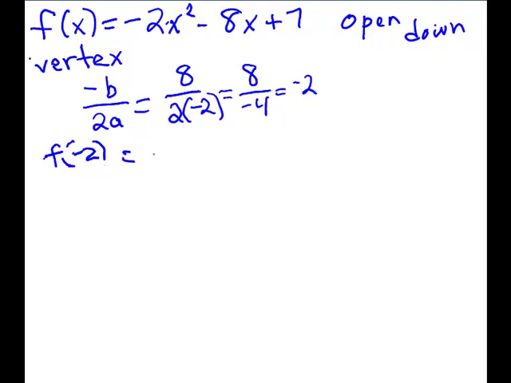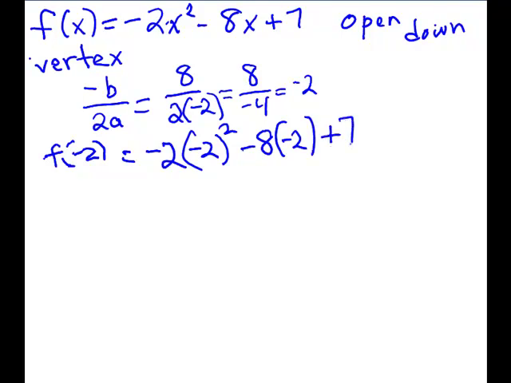And now we're going to plug that into the function, f of -2. This gives us -2 times (-2) squared minus 8 times -2 plus 7. Exponents go first. This gives us a +4. Then you can do your multiplications.